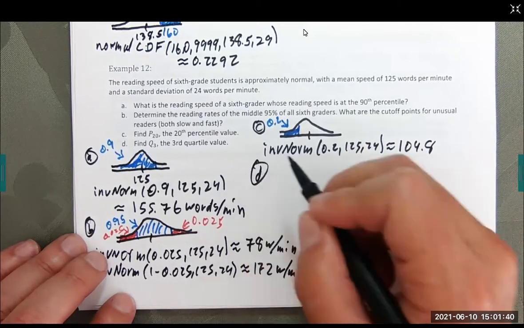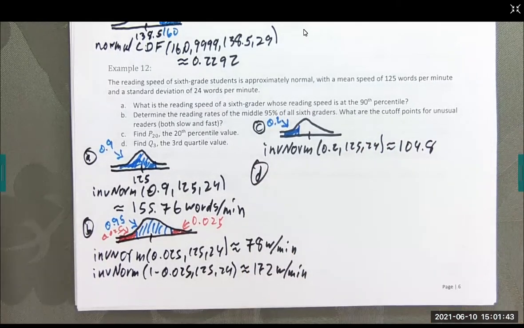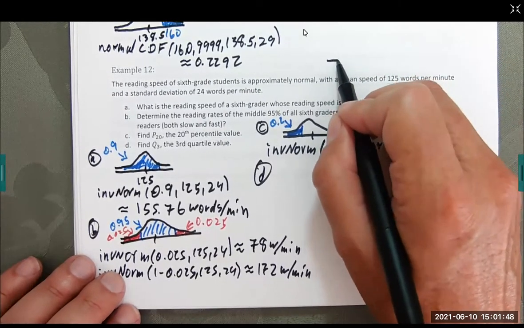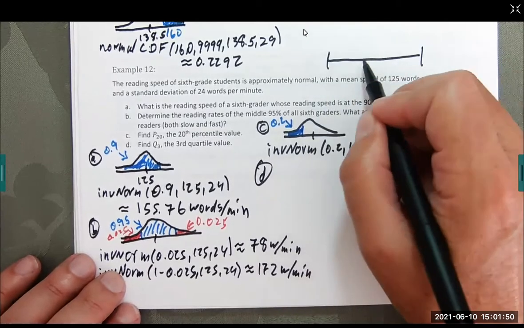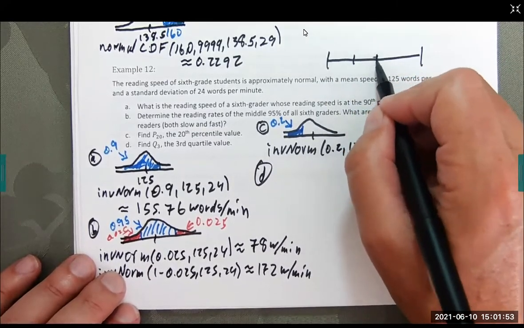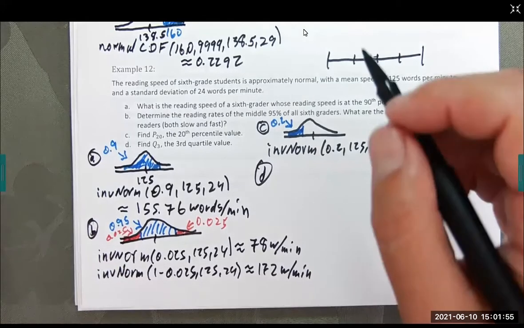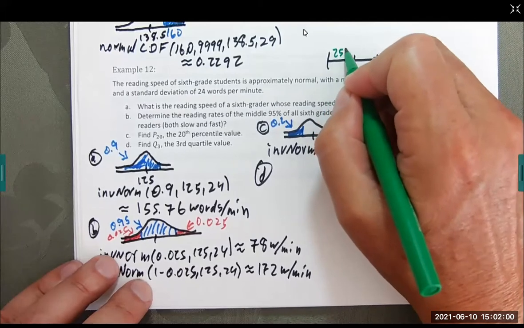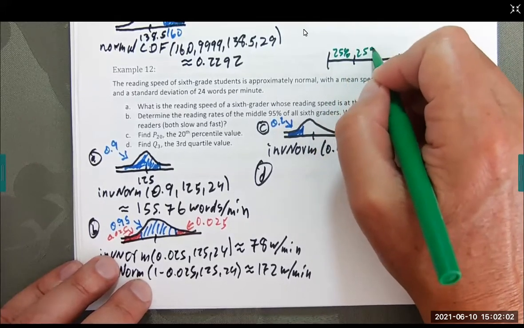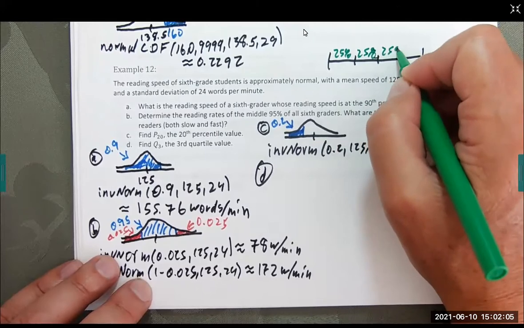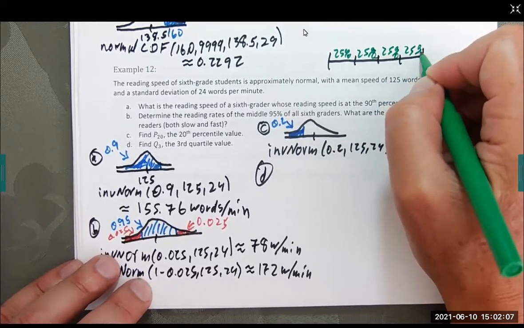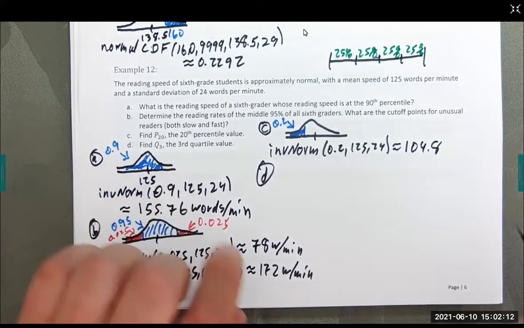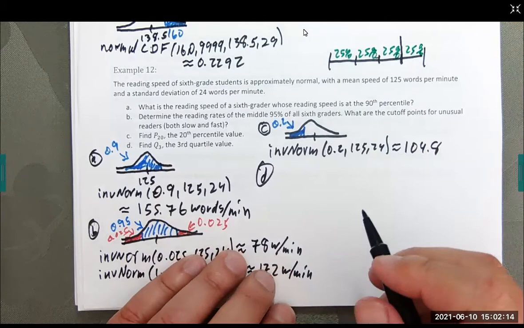Part D. In the third quartile. Now, I want us to remember what quartile is. Quartiles break everything up into fourths. First quartile, mid quartile. And so this gives us, just a quick review, 25%, 25%, 25%, and 25%. So the third quartile is going to be here. So this means 75% is below.